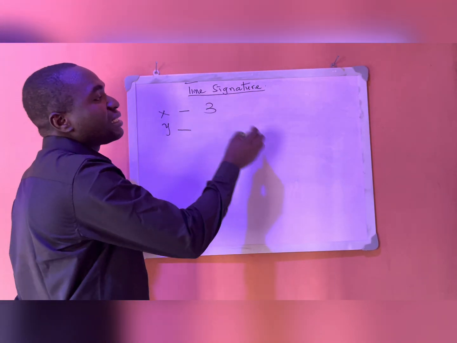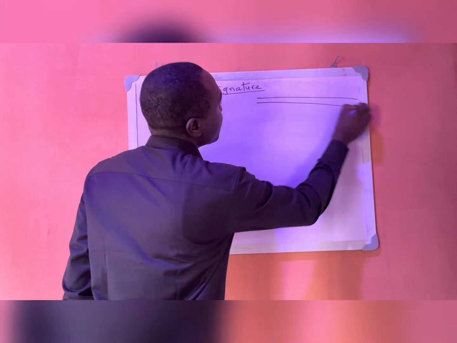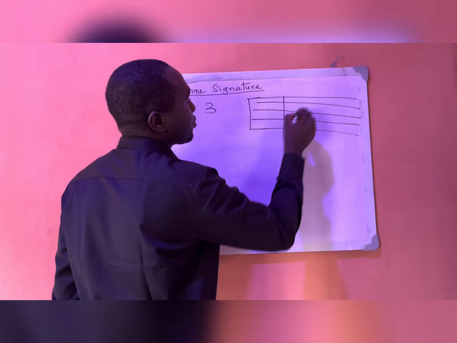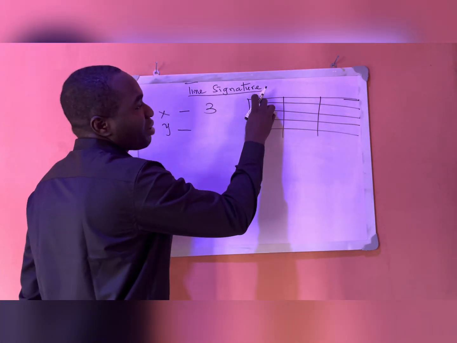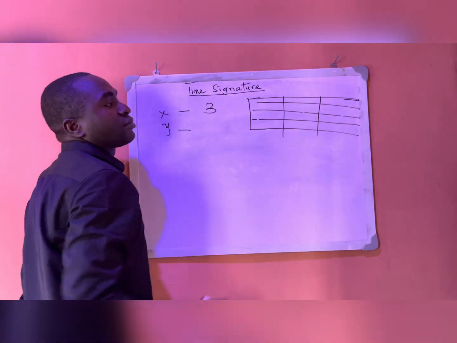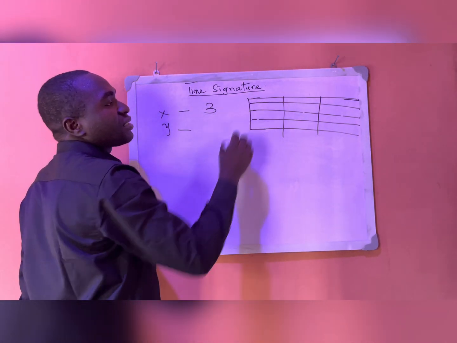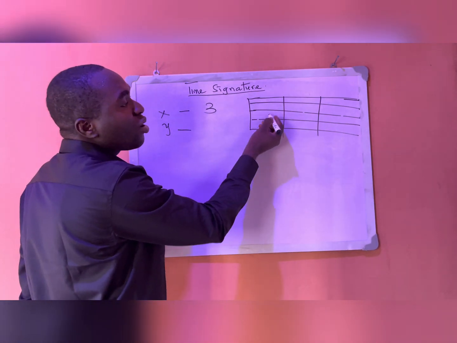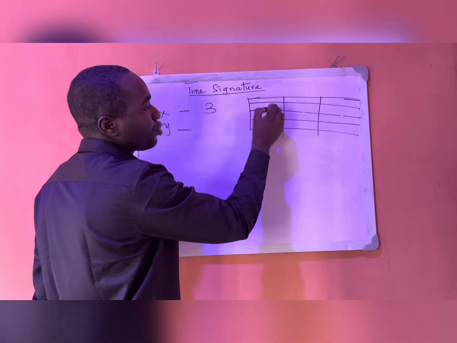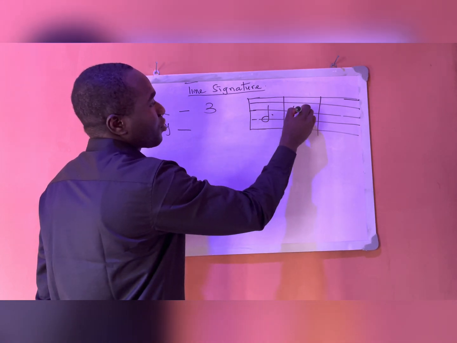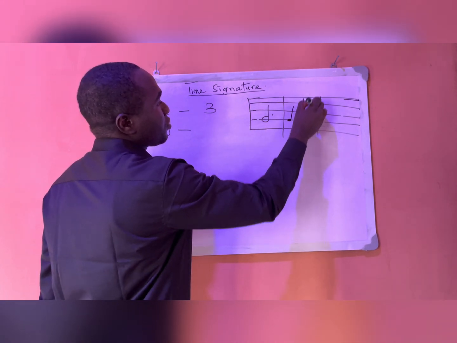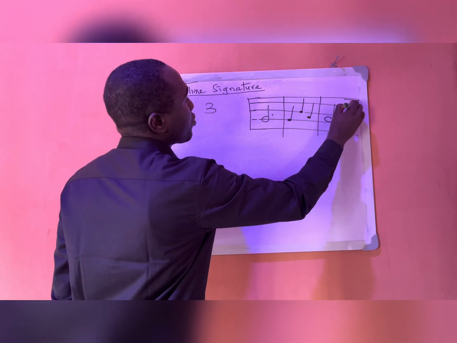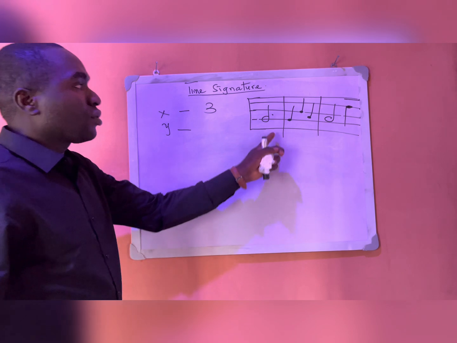if it is 3, that means in each bar, this is a staff, for example. So this is a bar, this is a bar, this is a bar. So it is telling us that each bar has to have 3 notes. If you sum up all the notes in this bar, look at what we have here now.